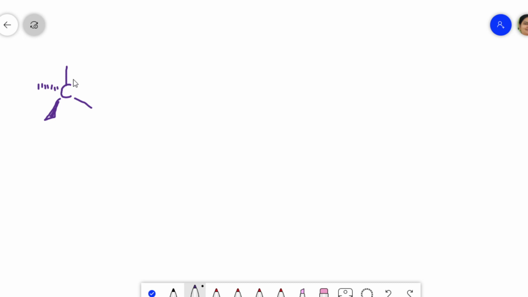Your tetrahedral structure is a three-dimensional structure which will have bonds that are present on the plane and bonds that are present below the plane. So normal lines indicate on the plane, thick line indicates above the plane, and dotted line indicates below the plane bond. So now I will give some groups here. Some group like COOH over here, and some other group, to make it chiral I will make 4 different groups, and this is CH3 and this is OH and H.